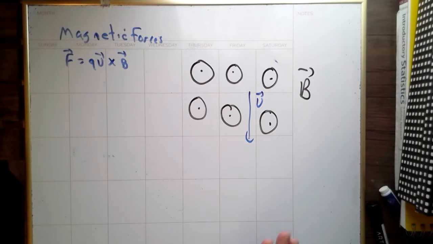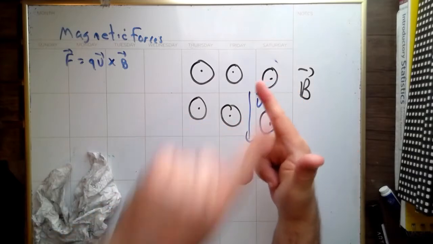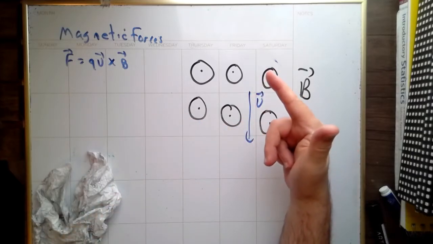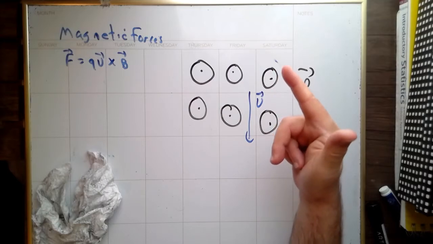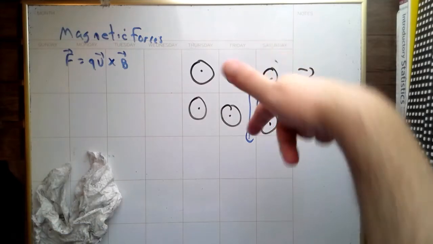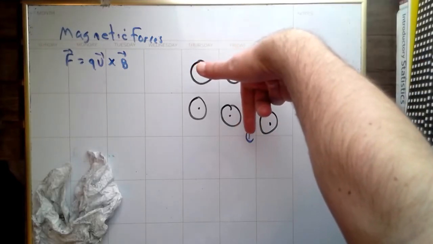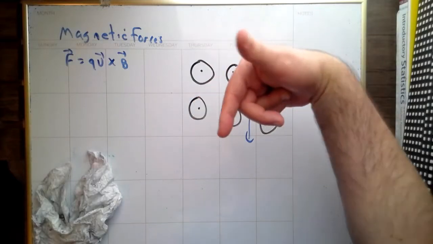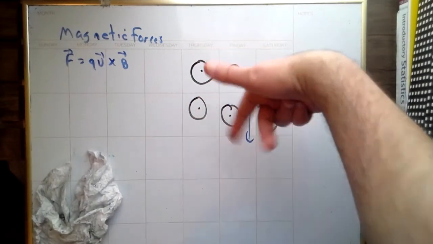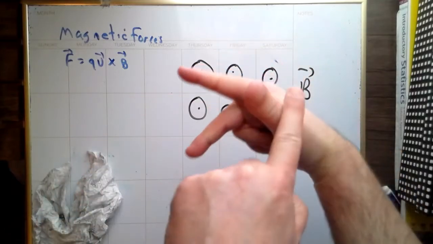So V cross B. If I want to do the three-finger way, I got to get my pointer finger here, pointed at V. So I have to rotate my hand around until pointer finger points along V. I want to rotate my hand until my middle finger now, remember I'm holding my hand like this, V, B, F.